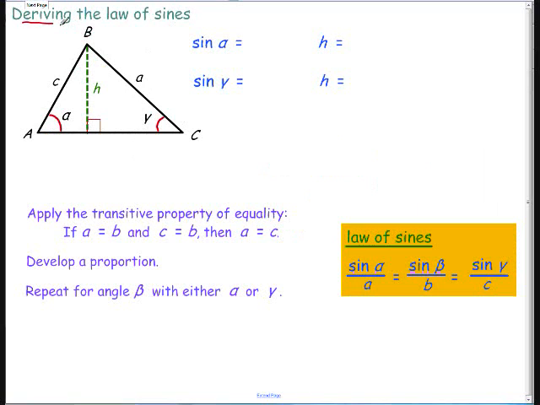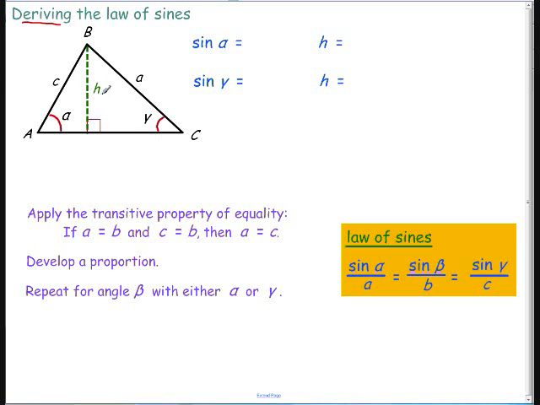We're going to derive the law of sines here. In this oblique triangle, we can always drop an altitude. To figure the altitude, we drop a line from the vertex above, perpendicular to the base.